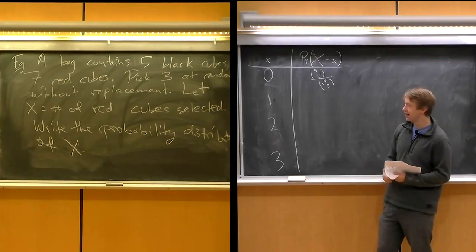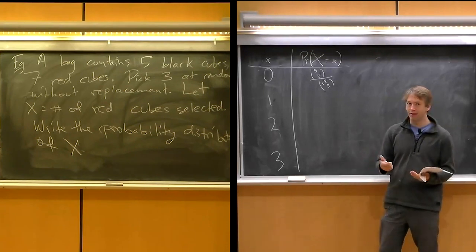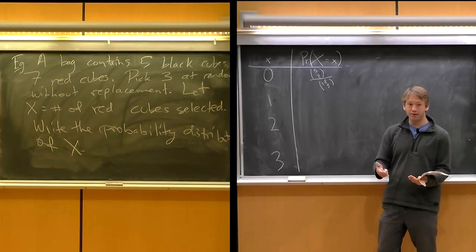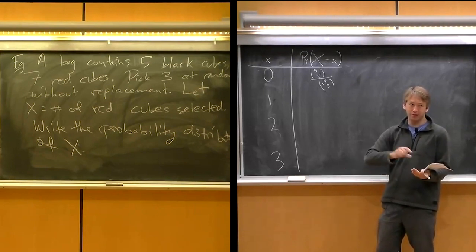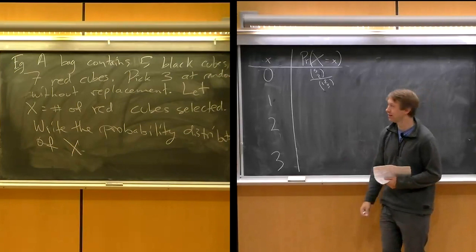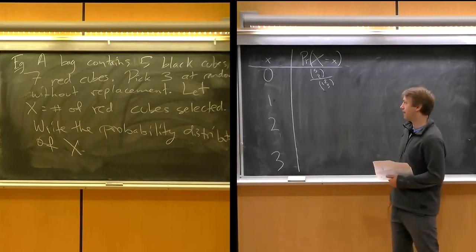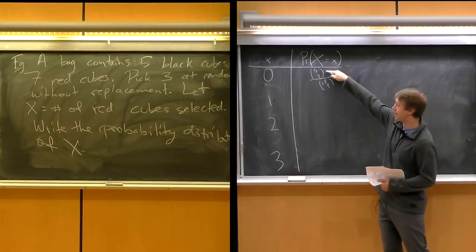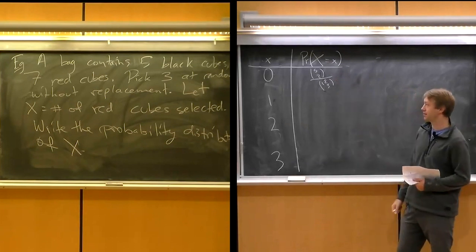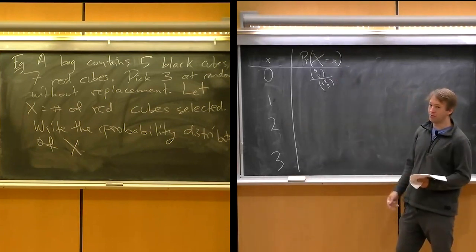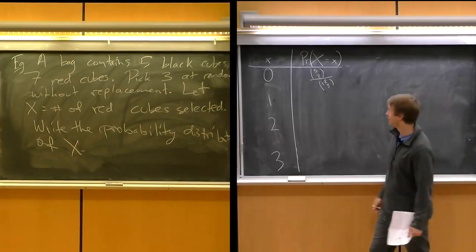If I'm just asking the probability of having no red ones, it doesn't matter which order I pick those black ones. So 5 choose 3 is the number of ways to pick 3 blacks, and 12 choose 3 is the number of ways to pick 3 cubes from the whole sample, right?